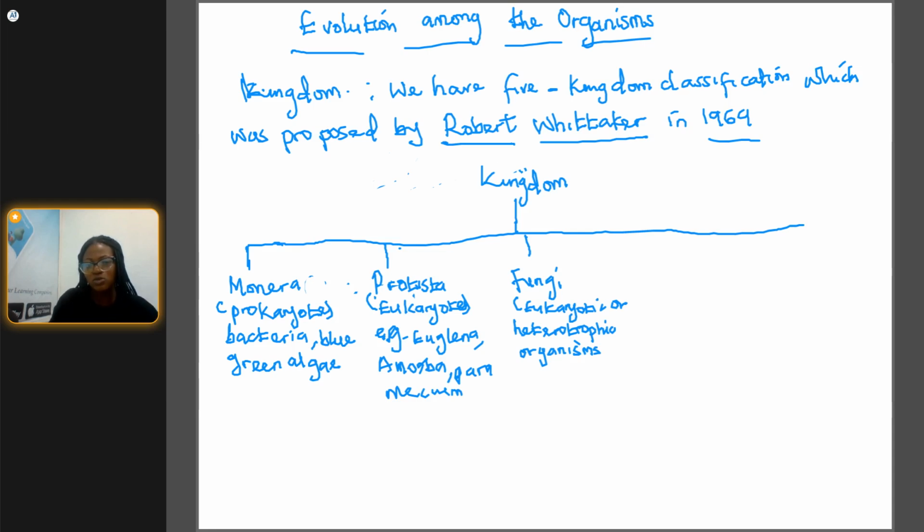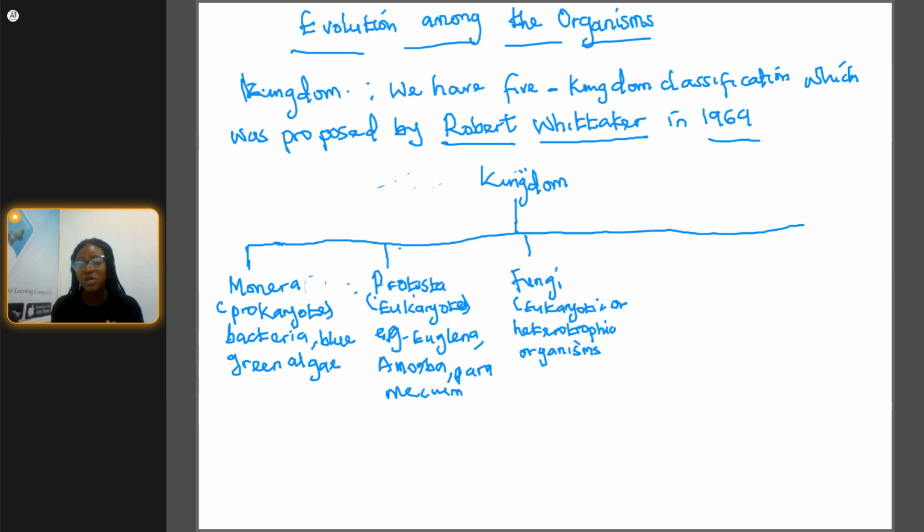What do we mean by heterotrophic organisms? They are the organisms that cannot manufacture their food on their own. All right, so this is leading us to nutrition, but I'm not going to go deeply into nutrition. We have what we call autotrophic and we have heterotrophic. Autotrophic organisms are the ones that can manufacture their food by themselves, just like plants. They experience photosynthesis and they can manufacture their own food.